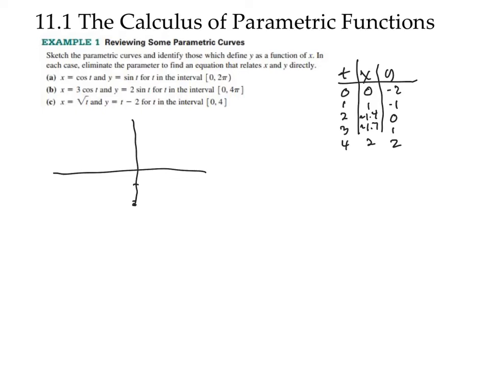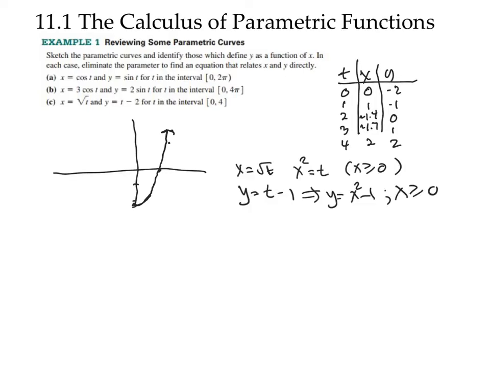From there we proceed to (1, -1), and then to about (1.41, -0.5), (1.73, 1) and (2, 2). So the curve definitely has a sense of a beginning and an end, and it looks like part of a parabola, which in fact it is. Let's look at the math for eliminating the parameter. So there are three examples of sketching parametric curves and eliminating the parameter.